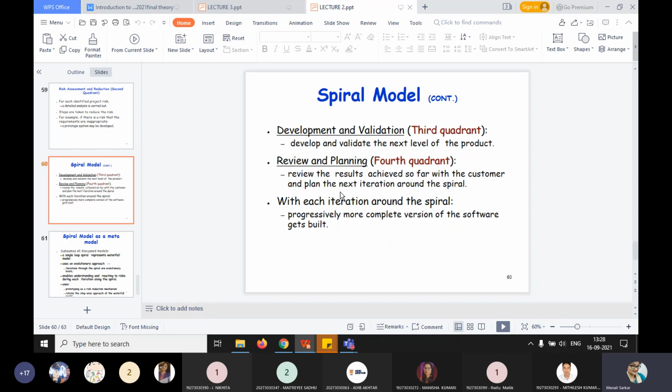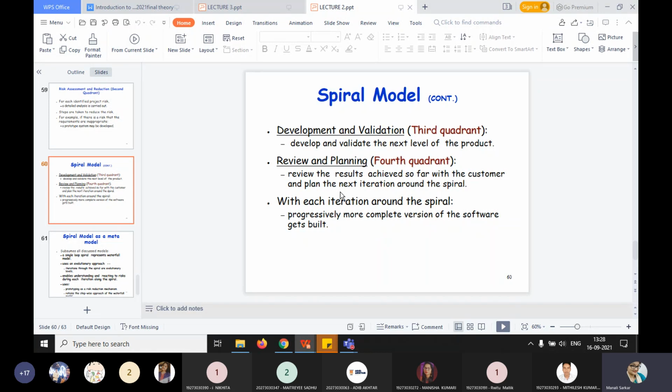At every phase we check whether any risk is present or not. So it is very difficult to use this model for outsourced projects.